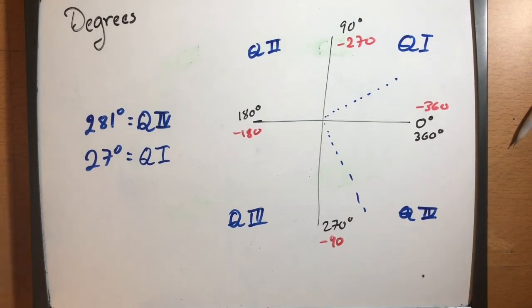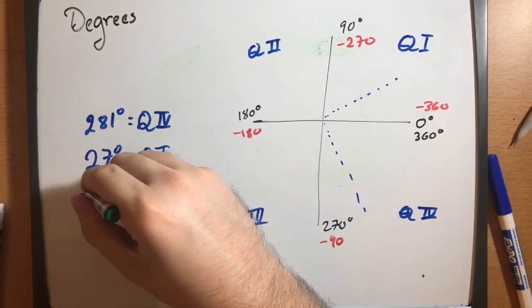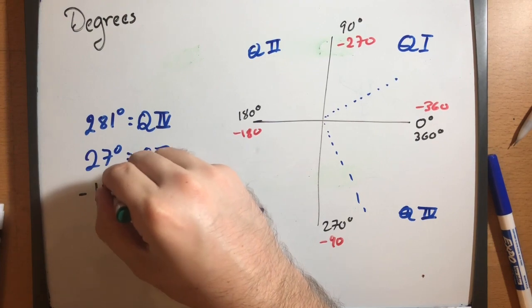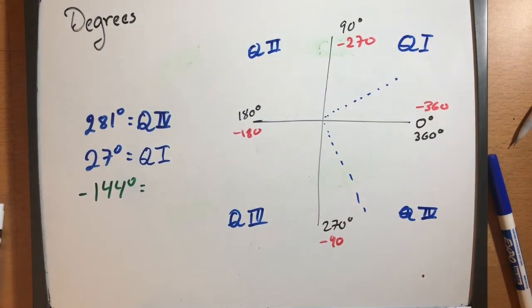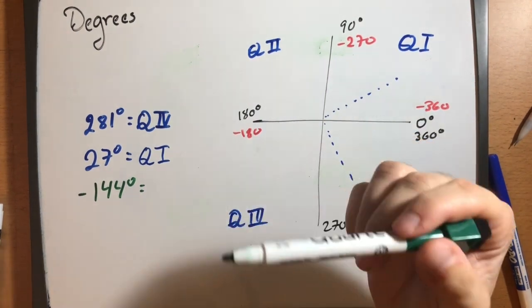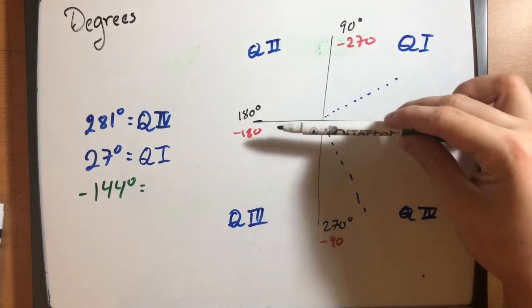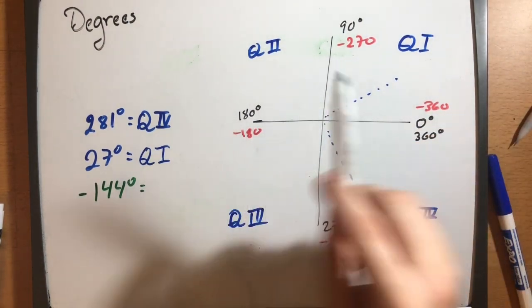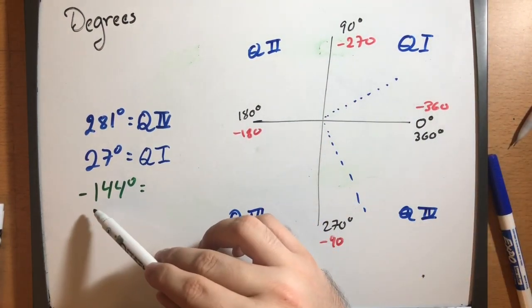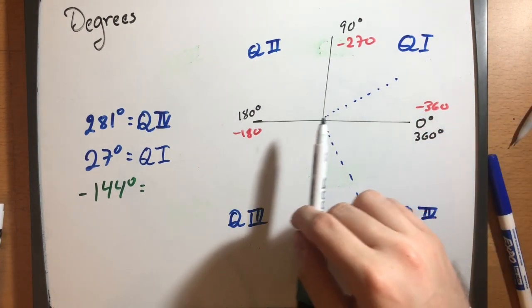Now let's take, for example, the angle negative 144 degrees. Again, you see a negative angle here. You just have to remember that a negative angle means that the terminal side is moving in a clockwise direction. It is moving in this direction. So negative 144 is a little bit greater in magnitude than negative 90.